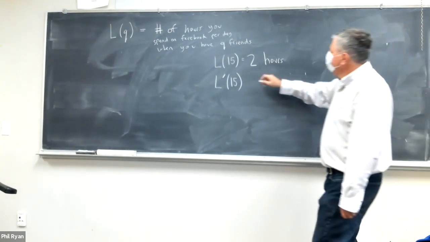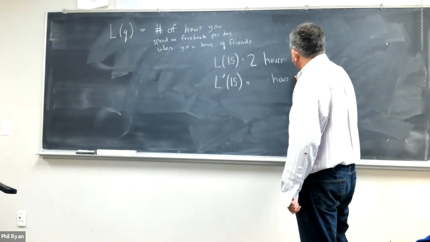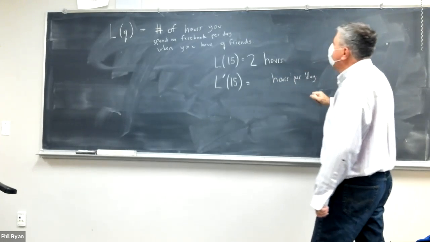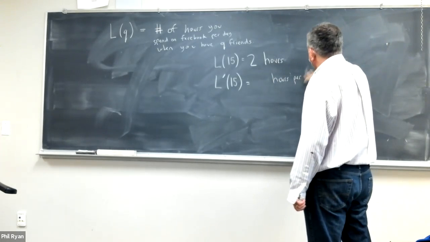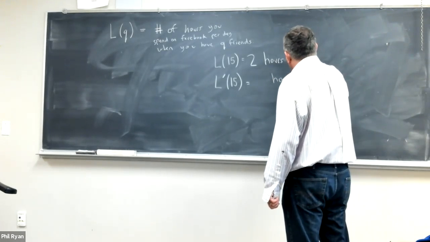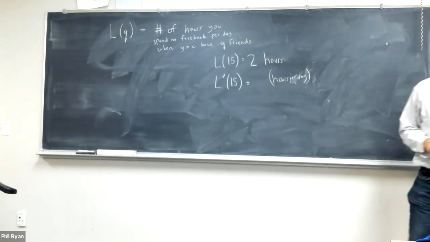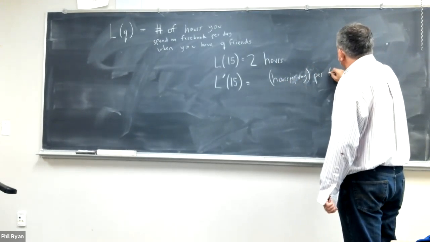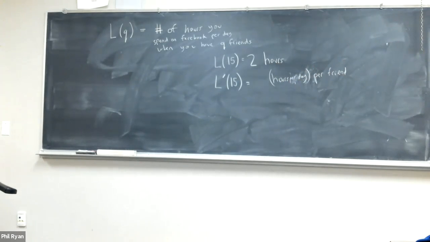It'd be something hours per day. No, hours per friend. No, sorry, it's hours per day, because that's the units of L, per friend, because that's the units of Q.